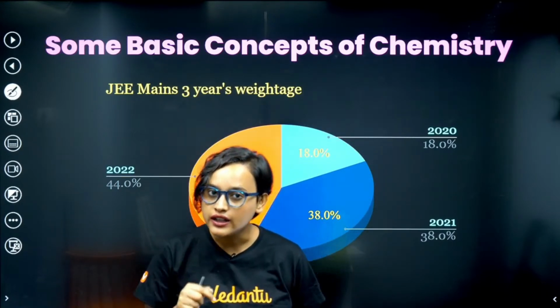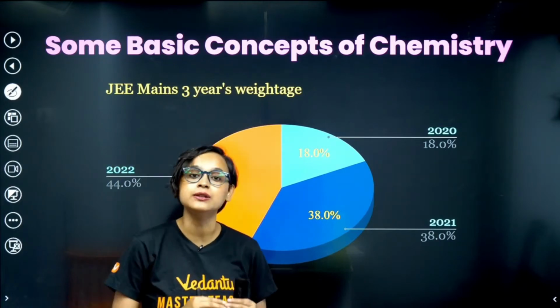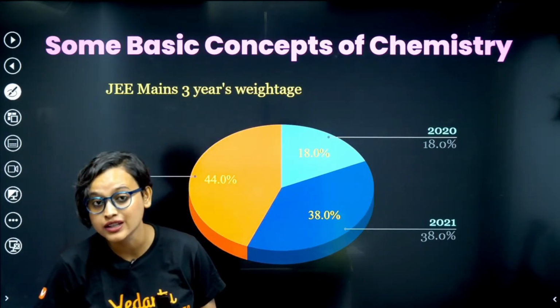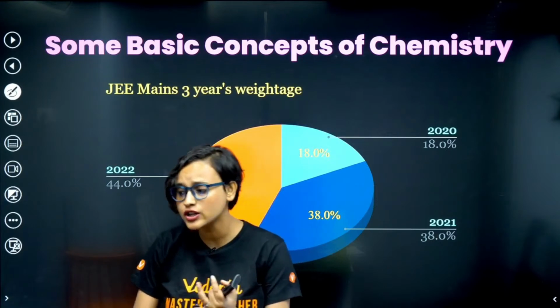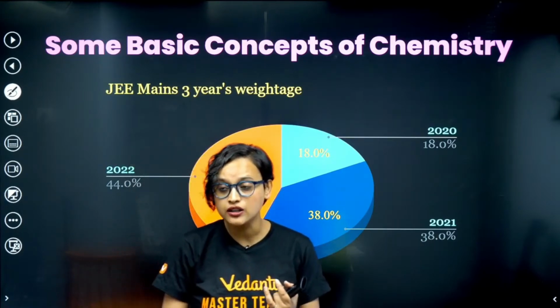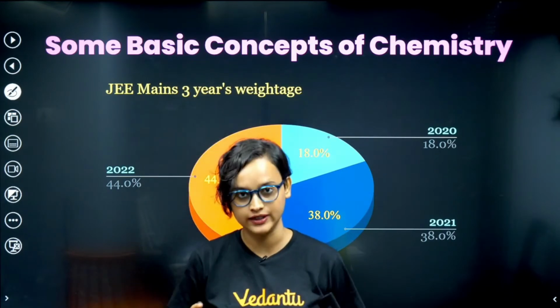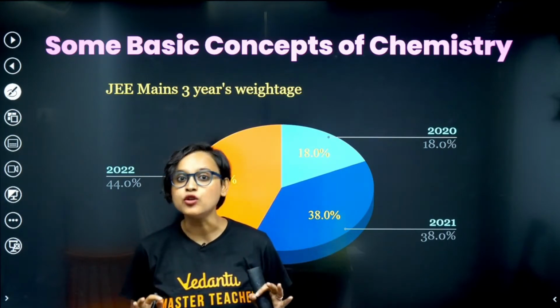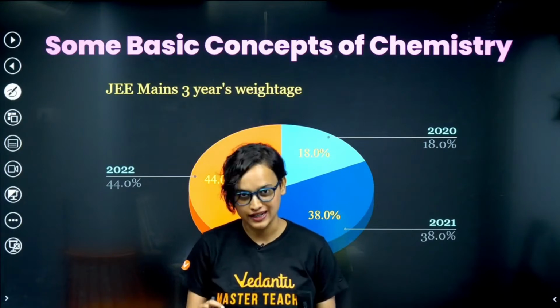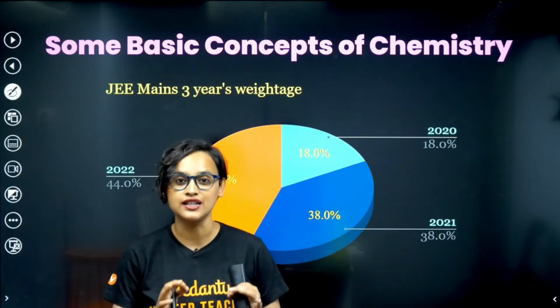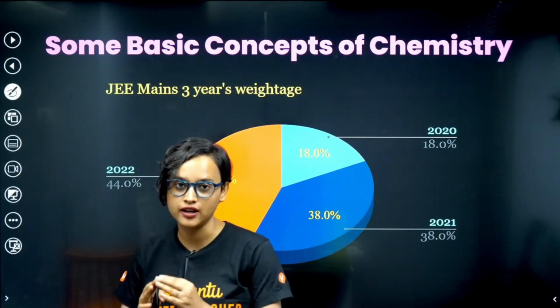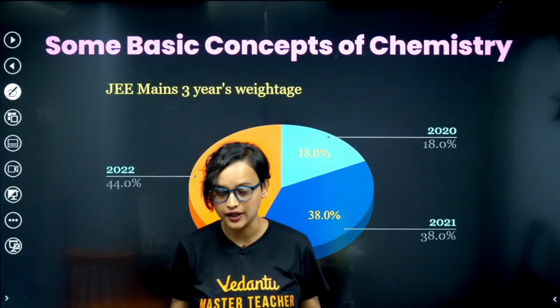Today we will be starting from the very basics of this chapter, as in what is chemistry, what are the laws of chemical combination, what is density, what is mass, what is volume, and all of these. I understand for some of you it might be very basic, but as a teacher my duty is to teach you from the very basic and not leave anything.